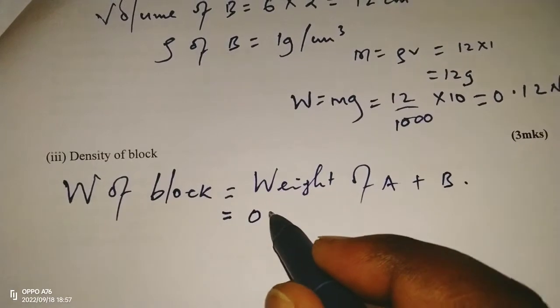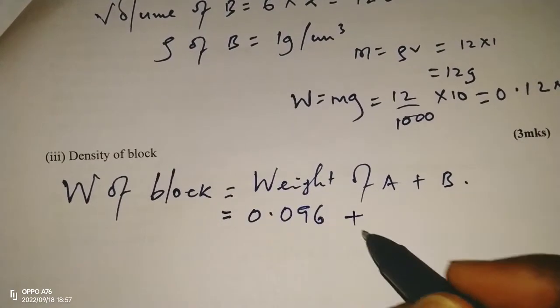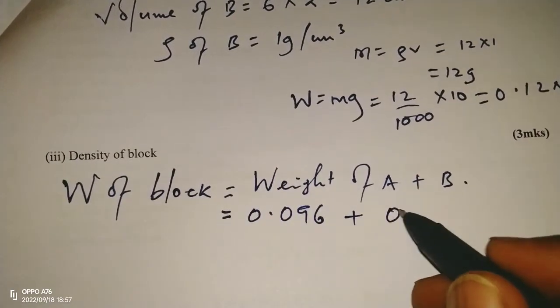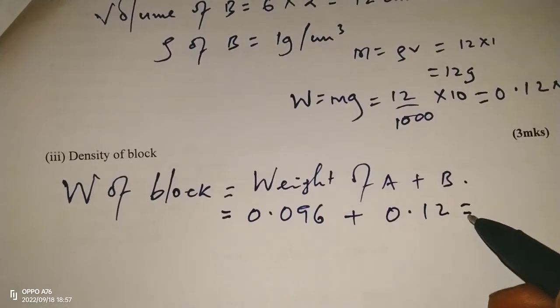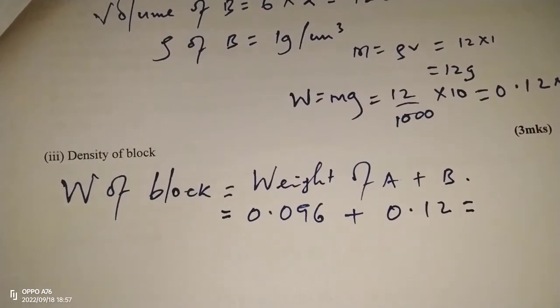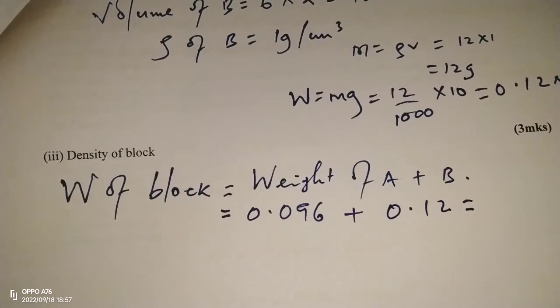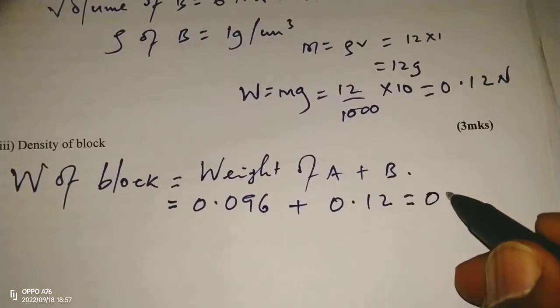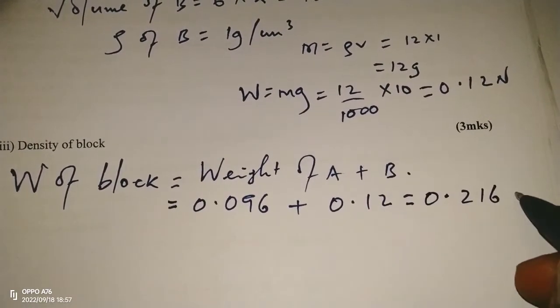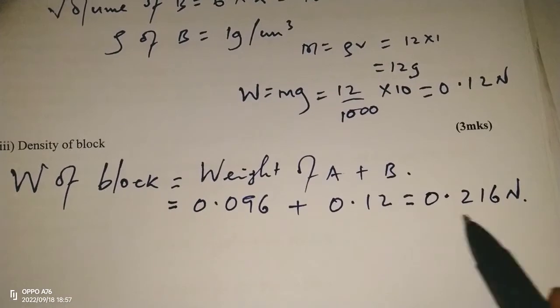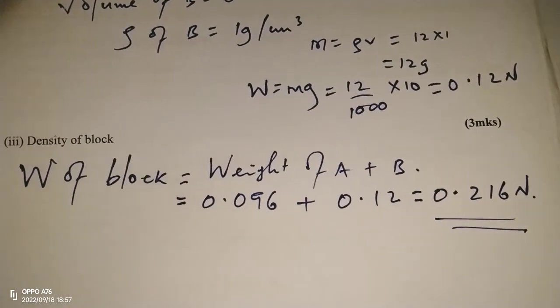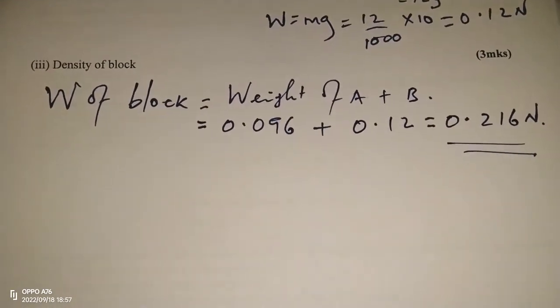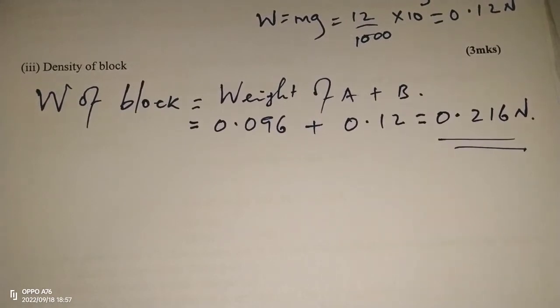It is displacing 0.096 newtons of liquid A and 0.12 newtons of liquid B. So when we add the two, 0.096 plus 0.12, I'm getting 0.216 newtons. So this is the weight of this solid, because it displaces liquids which add up to such a weight according to the law of flotation.